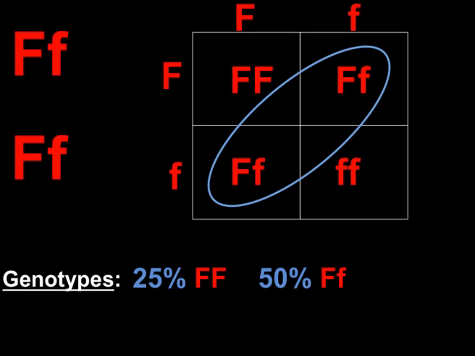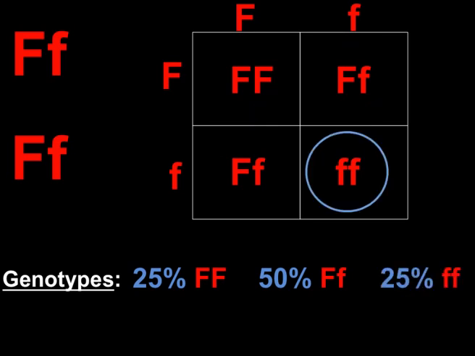So let's look at the genotypes. I have a 25% chance that I'll get a homozygous dominant, 50% chance of getting a heterozygous, and 25% chance of getting a homozygous recessive.